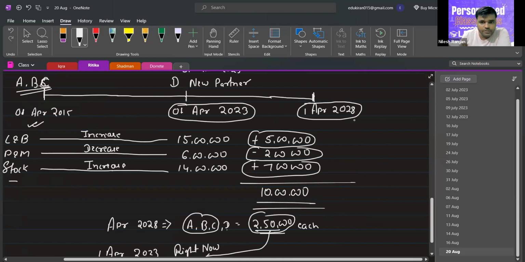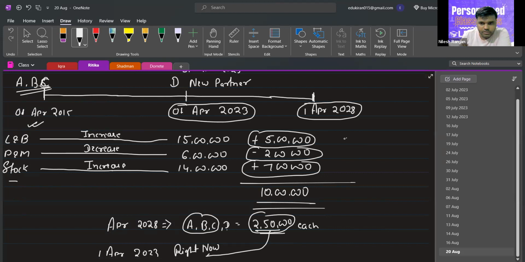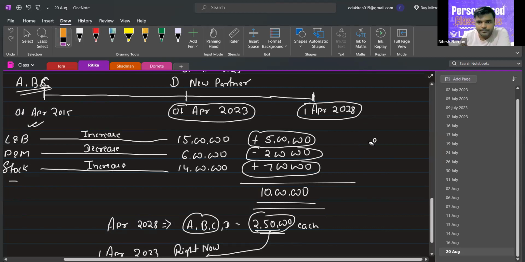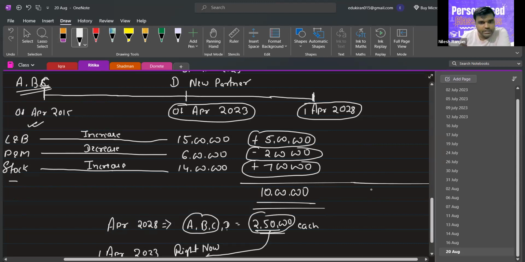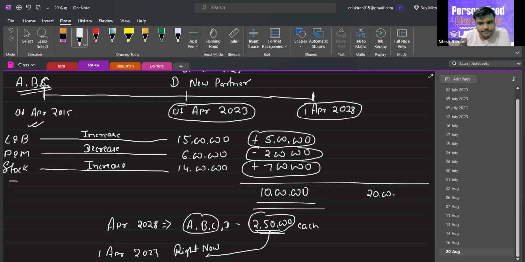Let's say on 1st April 2023, the value of land and building is 10 lakh, and in future, in 2028, it becomes 20 lakh. Let's take the combined number. So there is an increase of 10 lakh.